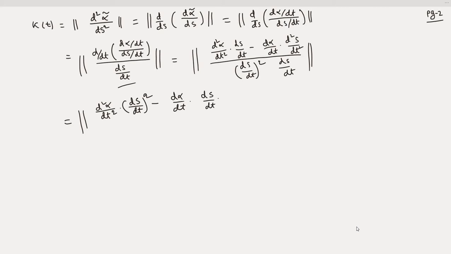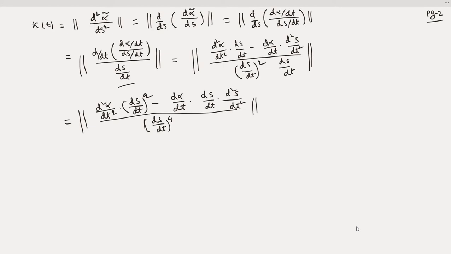We are multiplying both the numerator and the denominator by ds/dt.